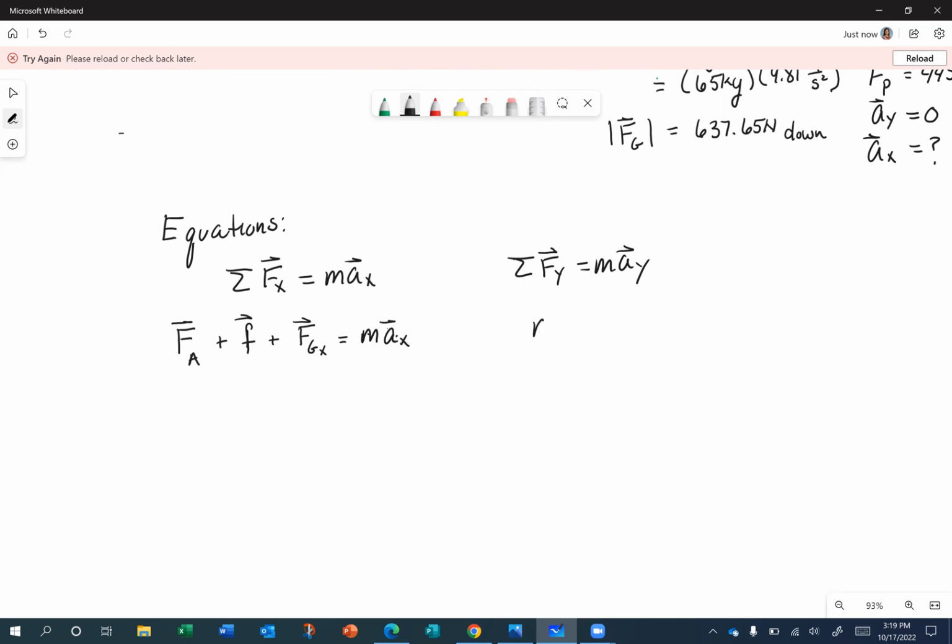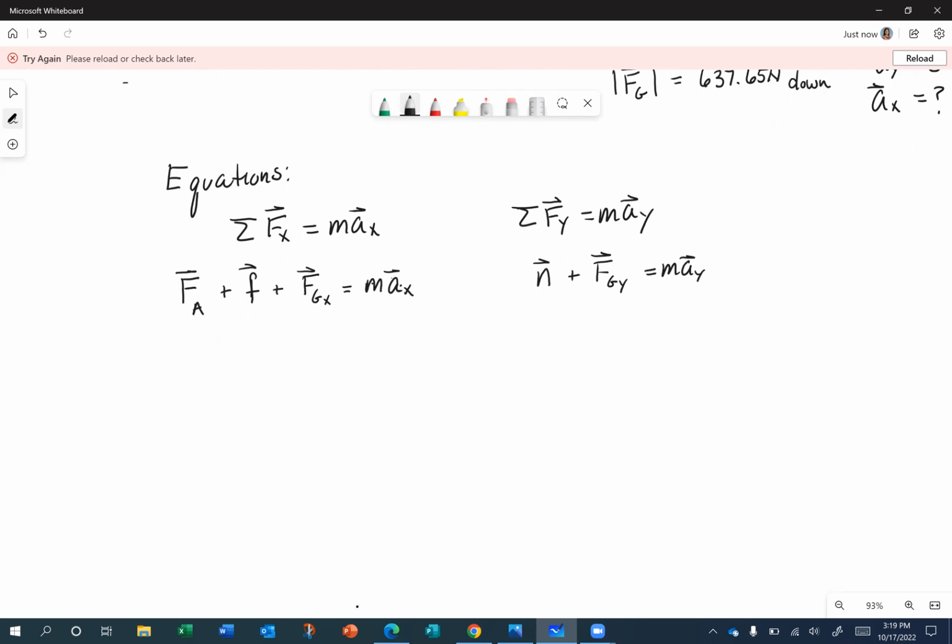In the y direction, we have the normal force plus Fgy. So we're solving for ax, right? Here in the y direction, we know that this ay is equal to 0.